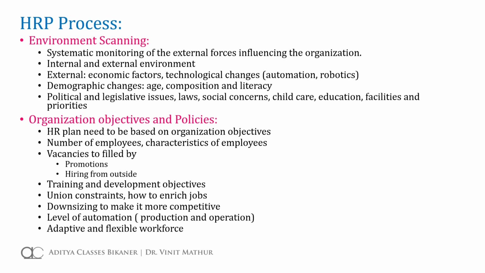How can unions affect the overall human resource planning? Every HR manager knows about their unions, their employees' union. What are the future plans of the organization? Their policies about automation are going to affect the human resource planning process.